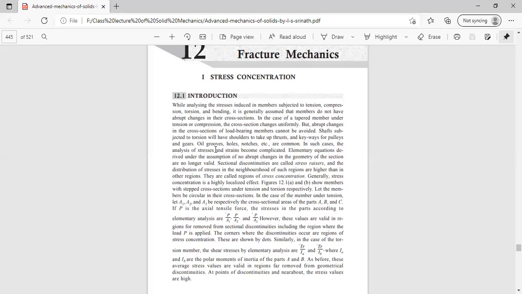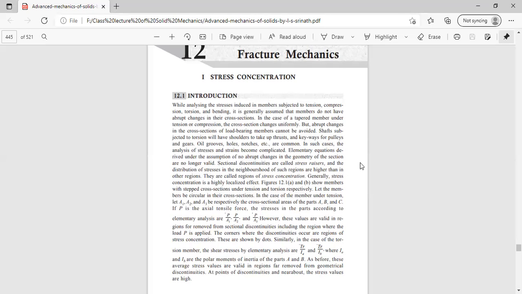But these are all common examples of abrupt change in cross sections. Now, elementary equations, if we derive them under the assumption of no abrupt change in geometry of the section, are no longer valid.